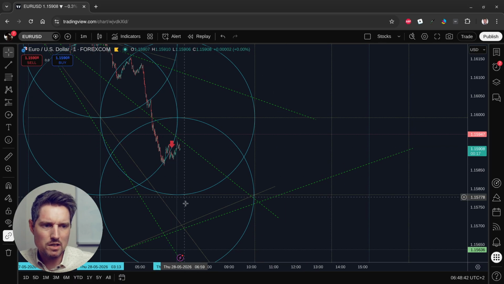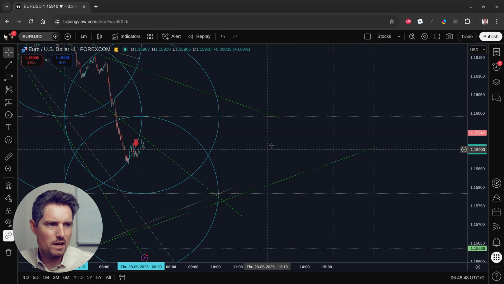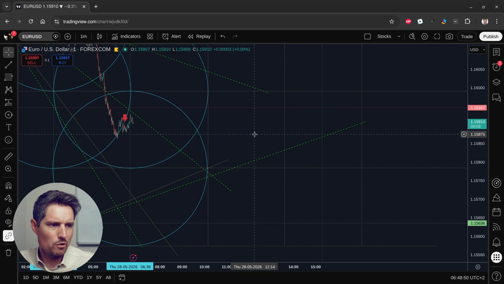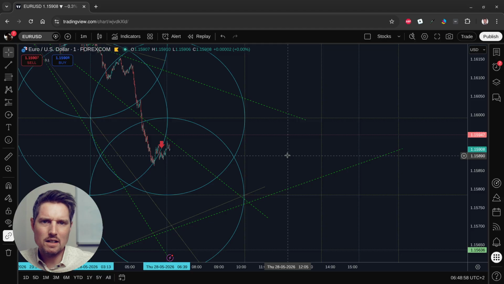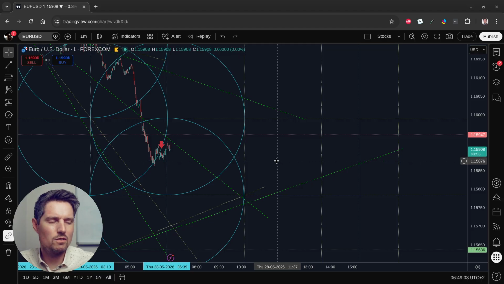So we may see another price drop and then a very long retracement, maybe even towards touching this line before it could break down further, or it will just stay within this range or look for the bottom of this range. I think that's the outlook for the day as I see it now.